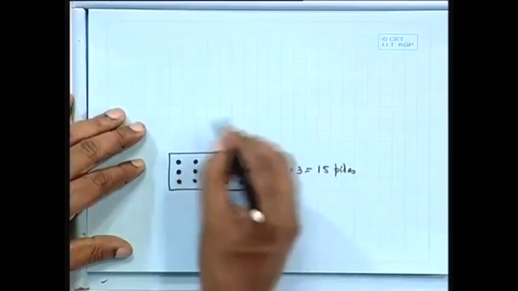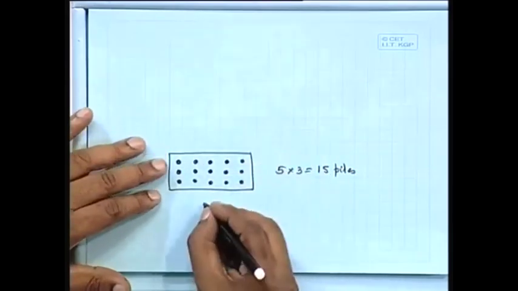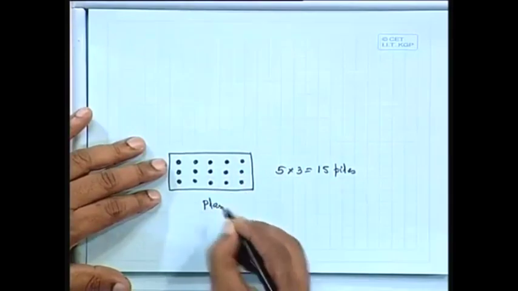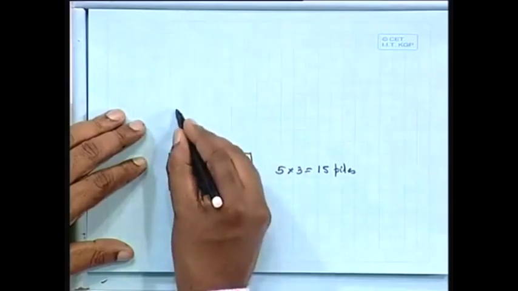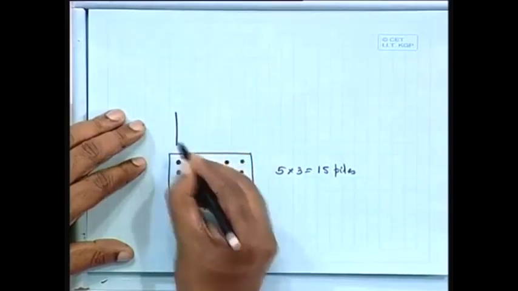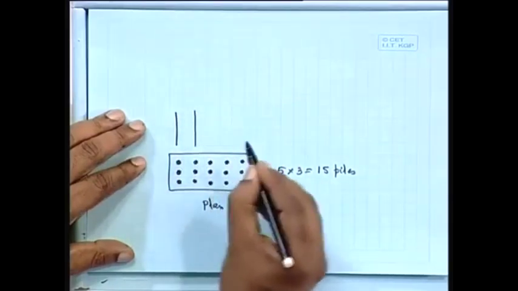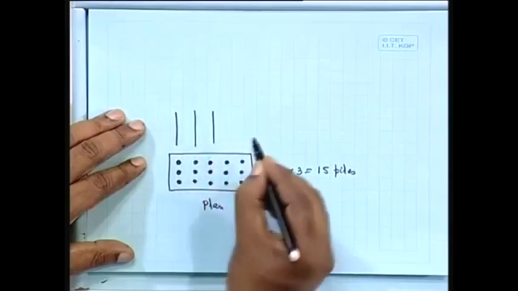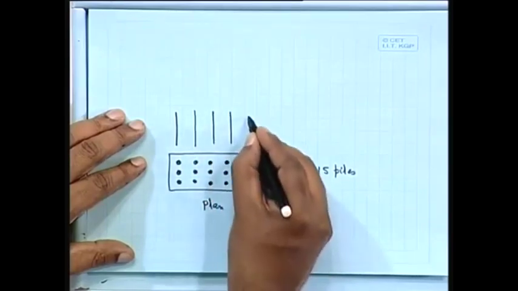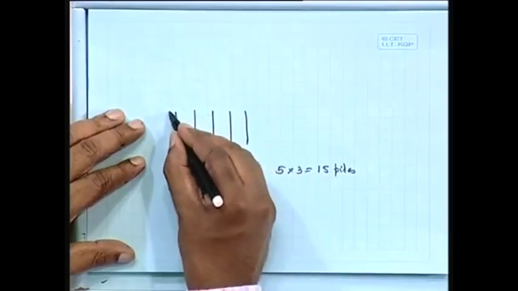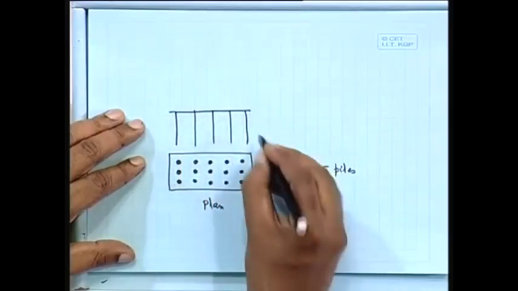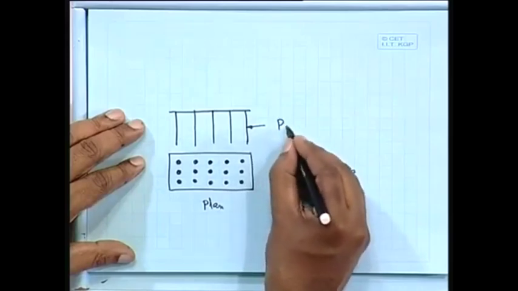That means it comes in this way. This is the one plan I am talking about. So we will have 1, 2, 3, 4, 5.